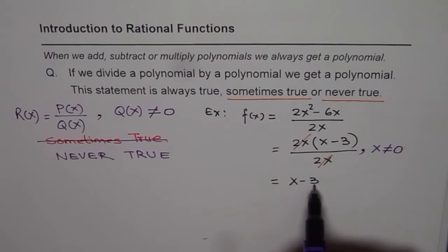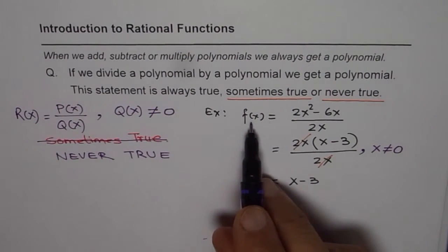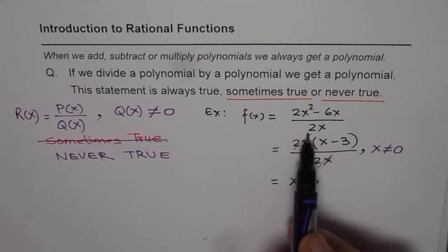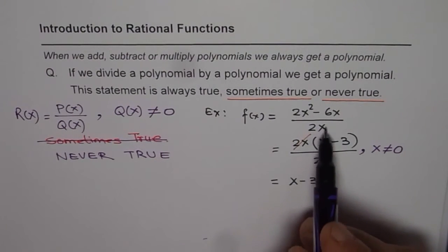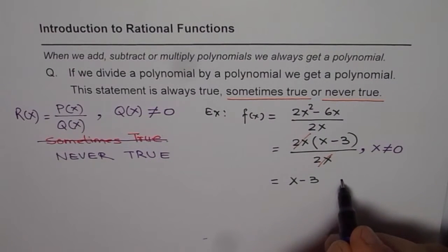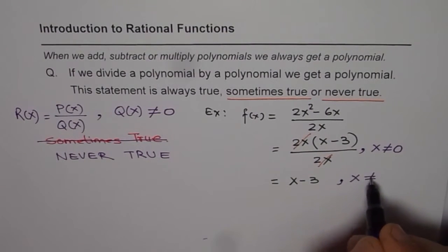Otherwise, x minus 3 is not really equivalent to the rational function we started with. 2x squared minus 6x divided by 2x is not really equal to x minus 3. But it is equal to x minus 3 if I write x is not equal to 0.